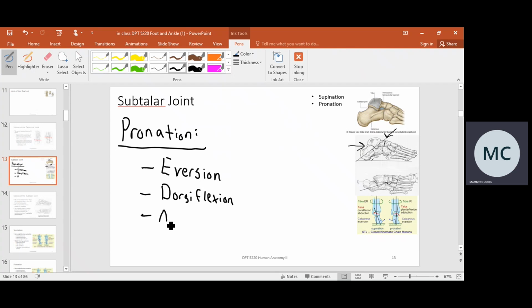And we're going to see abduction. And like I said, that talus likes to do some funny, weird things. So we can see talar adduction. Abduction of calcaneus.